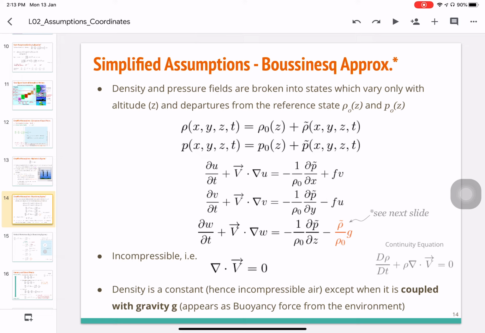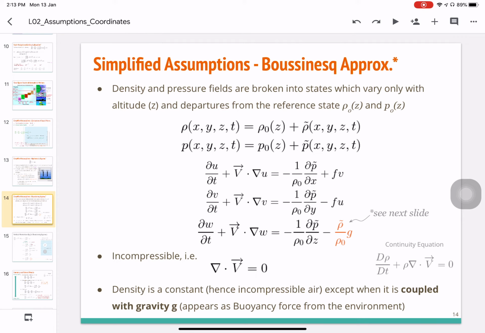For the incompressible and inelastic models, we only talked about the continuity equation. For this kind of approximation, we directly assume that the fluid is incompressible. But the trick is that we keep the rho prime, the changing part, in the vertical momentum equation, when it's dealing with gravity.